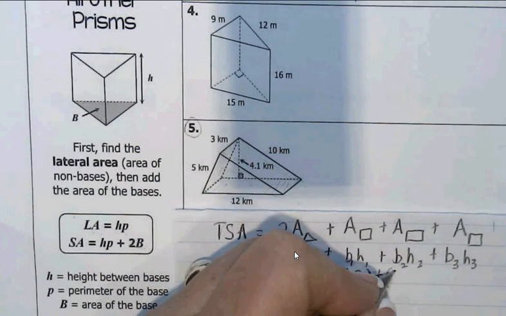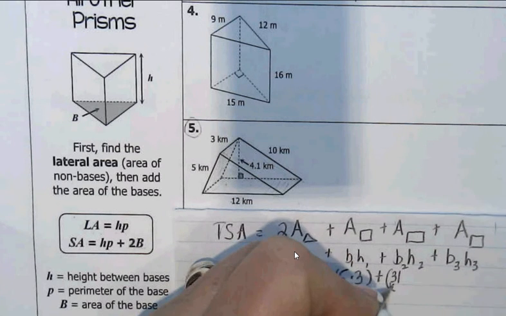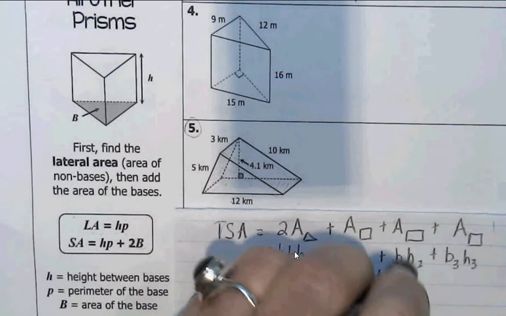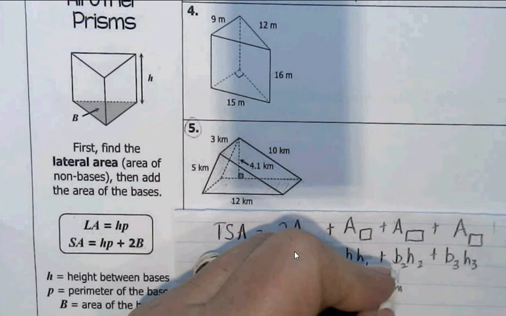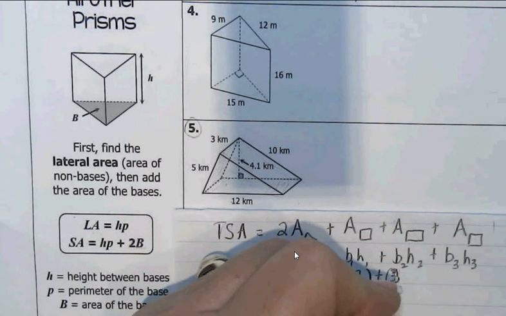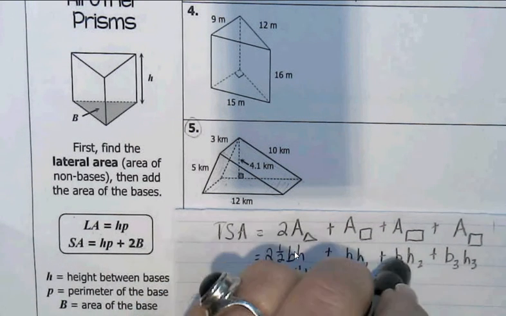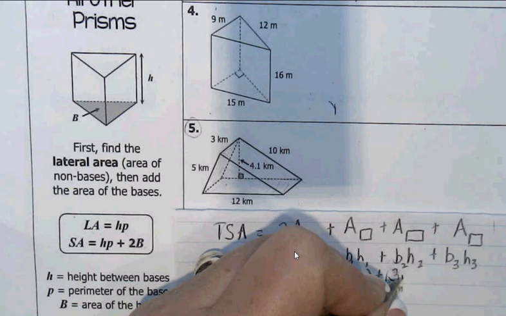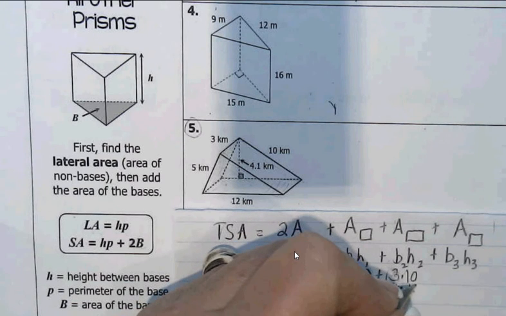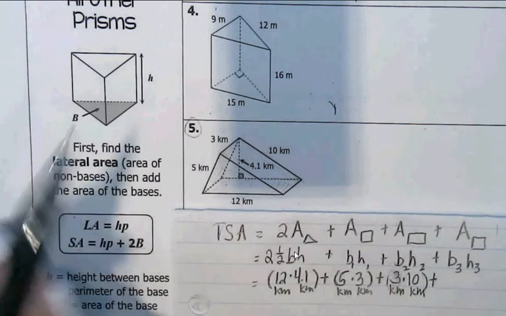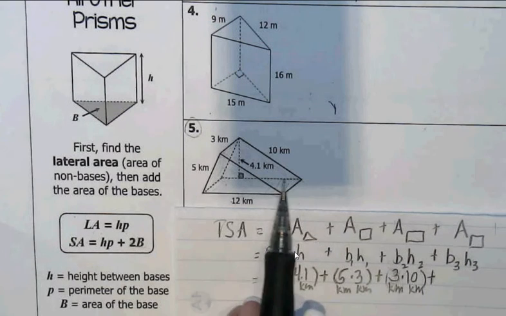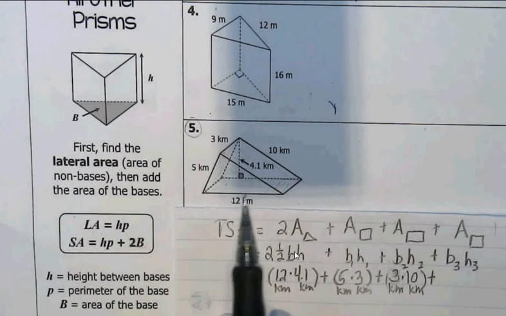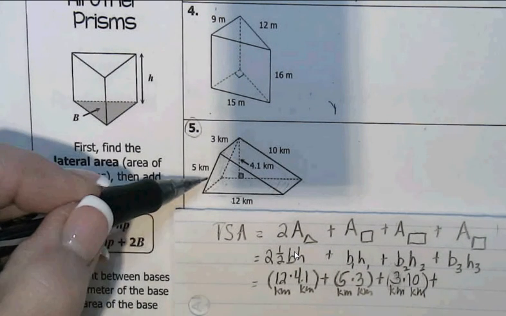So that would be 3 kilometers times 10 kilometers. And then for my last one, which is the bottom, I've got 12 kilometers. And remember, the depth of that was 3.